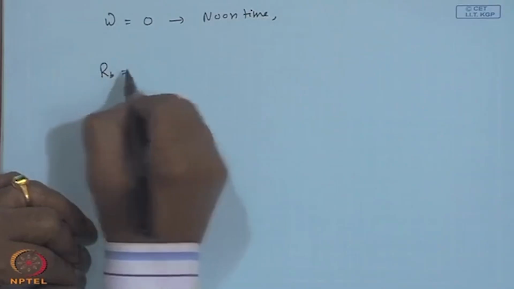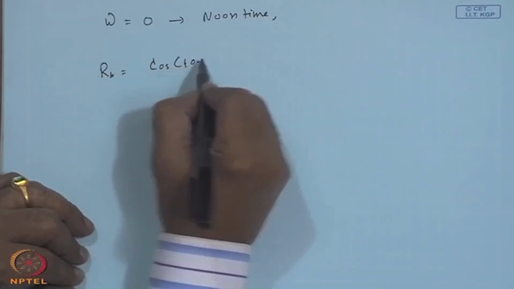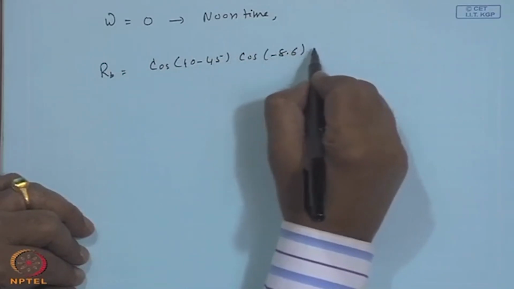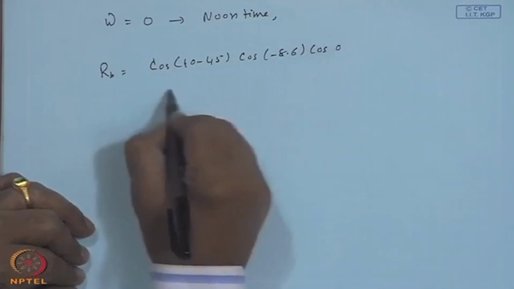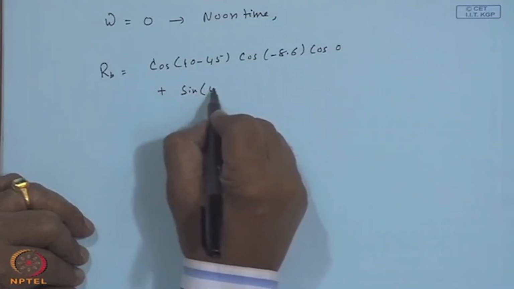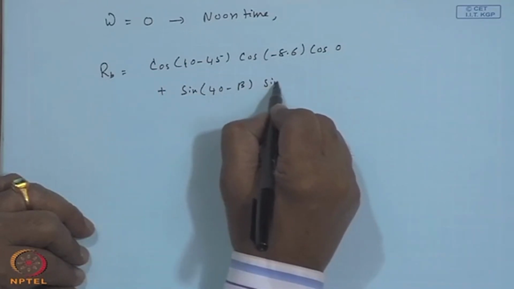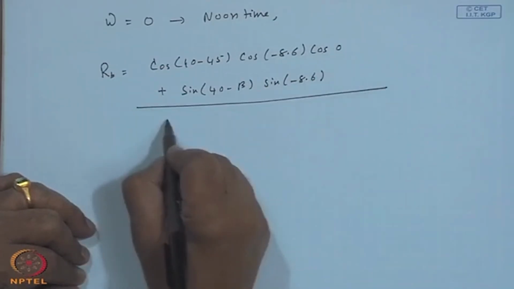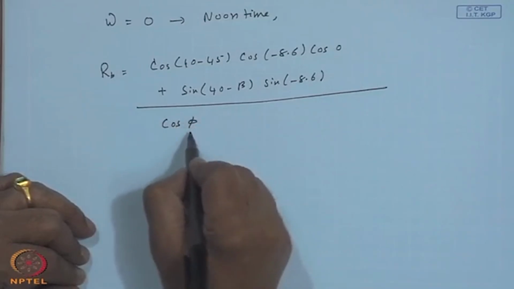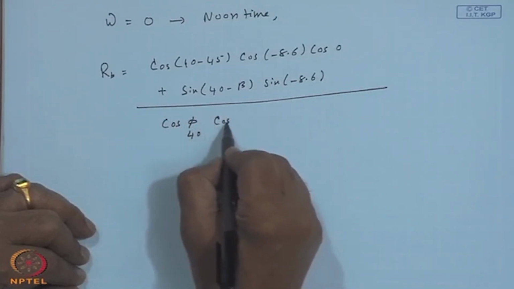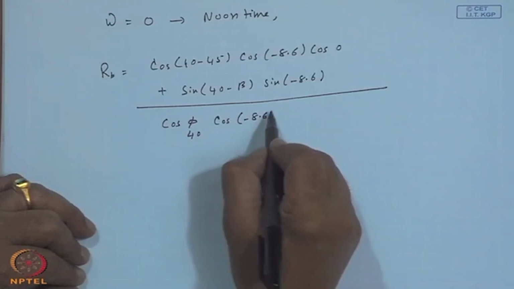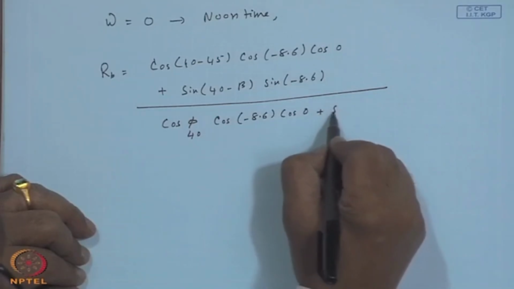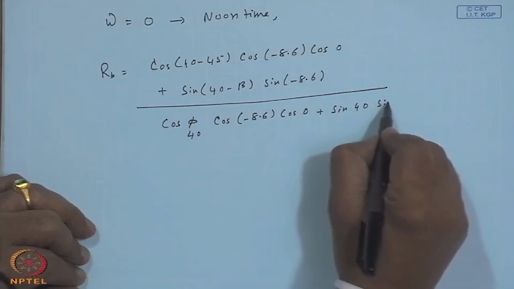So, my RB will be cos (phi minus beta) cos delta cos omega plus sin (phi minus beta) sin delta, upon cos phi, which is 40, cos delta times cos 0, which is omega, plus sin phi sin delta.